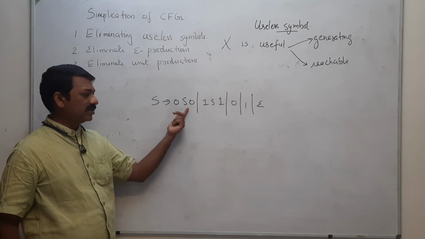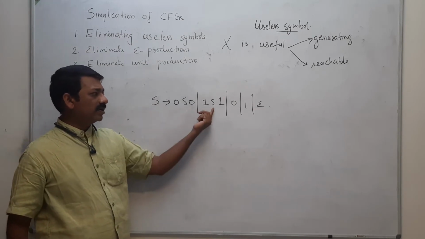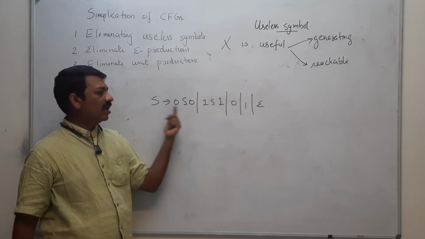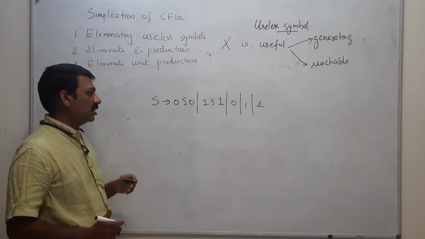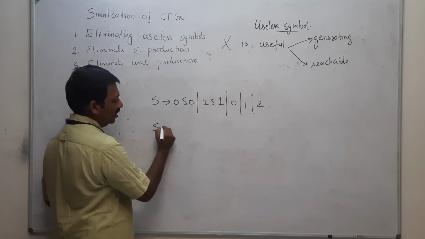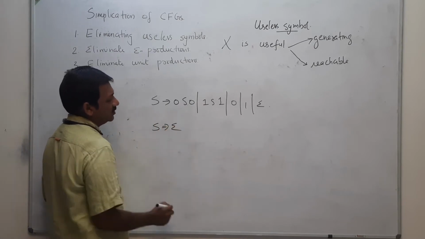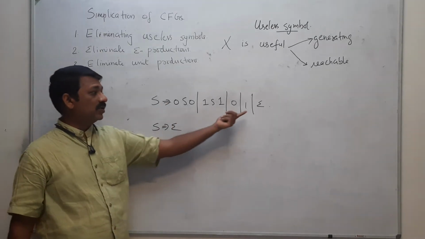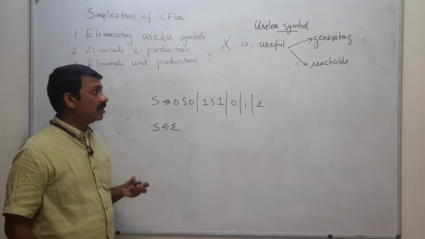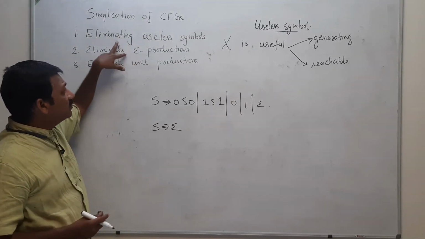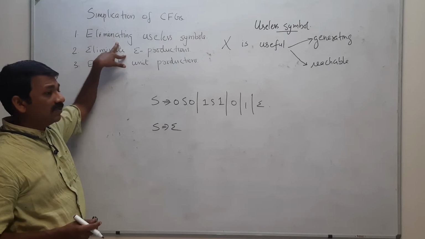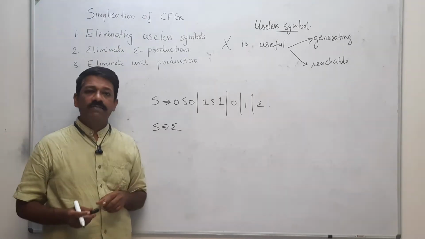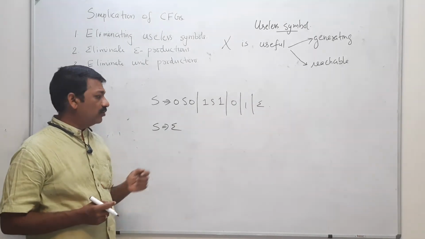S derives 0S0, S derives 1S1, S derives 0, S derives 1 and S derives epsilon. One of these productions is S derives epsilon and that is an epsilon production. The second step in the simplification of CFG is we have to eliminate epsilon productions. How to eliminate this?